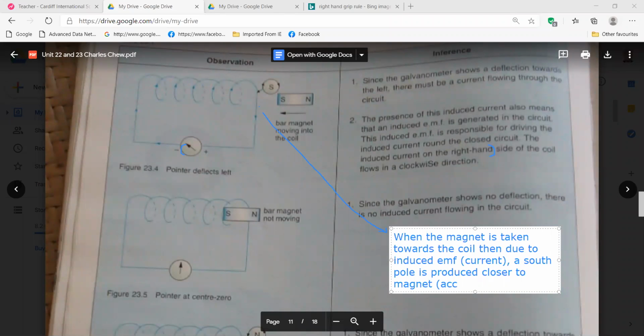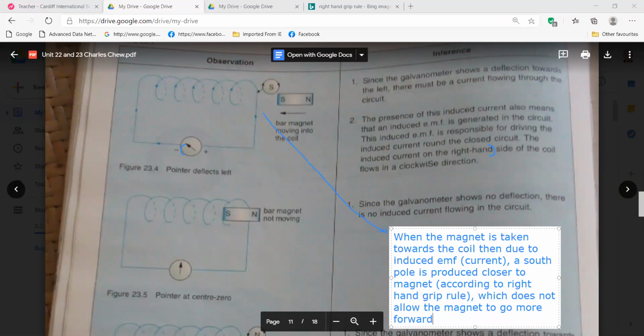According to right hand grip rule, which does not allow the magnet to go more forward.